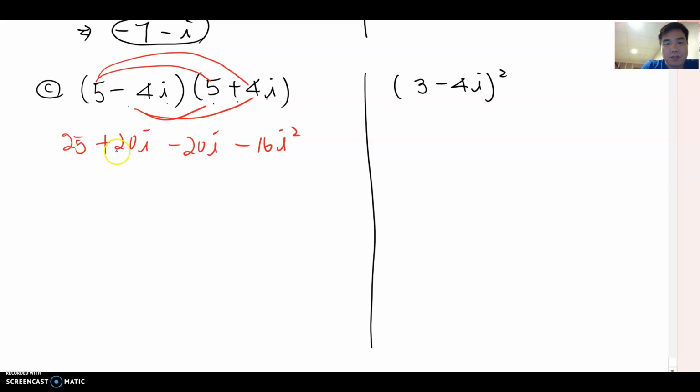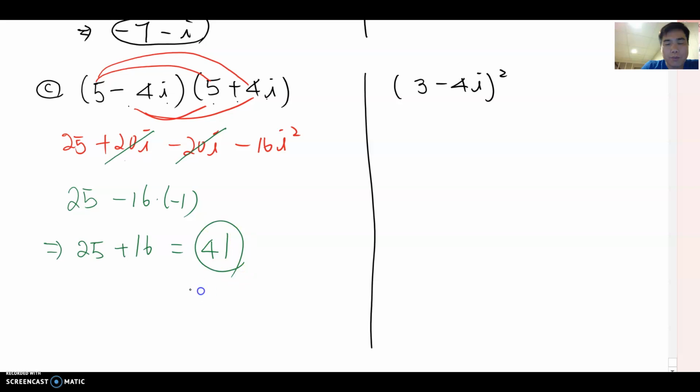As you see, these two values will cancel out because of plus and minus, right? So this becomes 25 minus 16 times negative 1. Why? Because i squared equals negative 1. Then this becomes 25 plus 16. Therefore, the answer is 41.